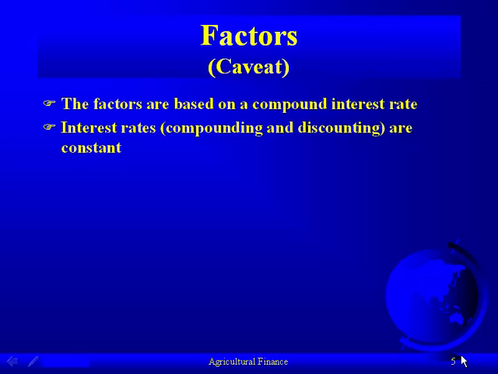That's a big assumption that you have to be aware of, because as you know, interest rates change minute by minute, just as do cattle prices or corn prices. To simplify the arithmetic, we are assuming that those rates are constant throughout the horizon that we are using. Obviously, you can relax that assumption, but the problem becomes more complex.